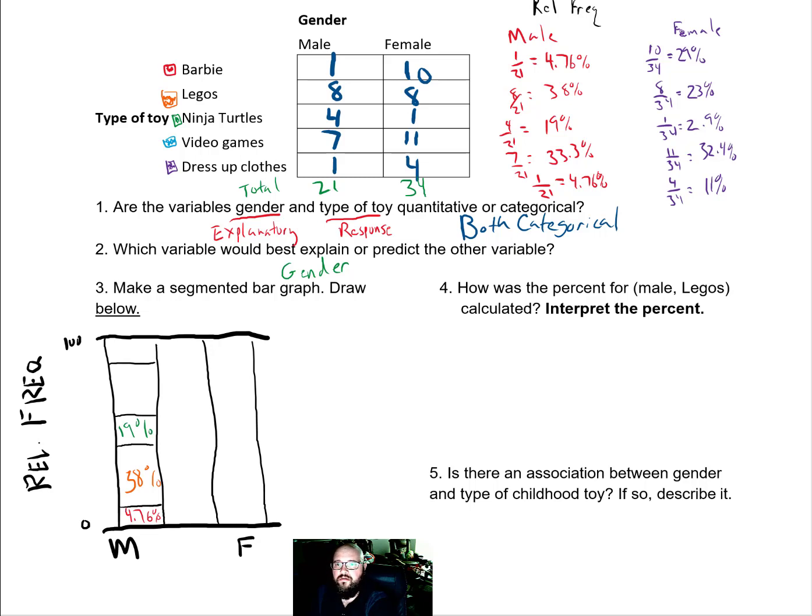And then we had video games as 33.3%. And then we had dress up clothes back at 4.76%. Maybe write this a little bit better here. 4.76%.